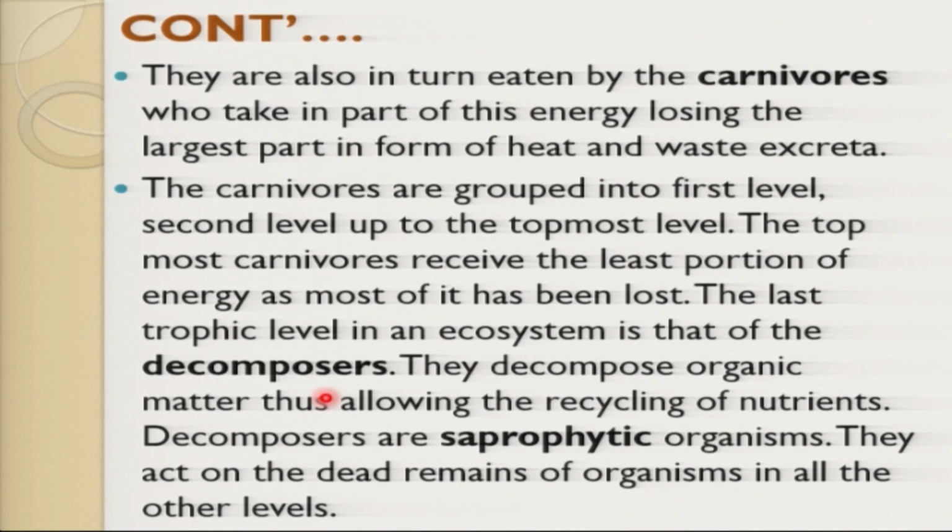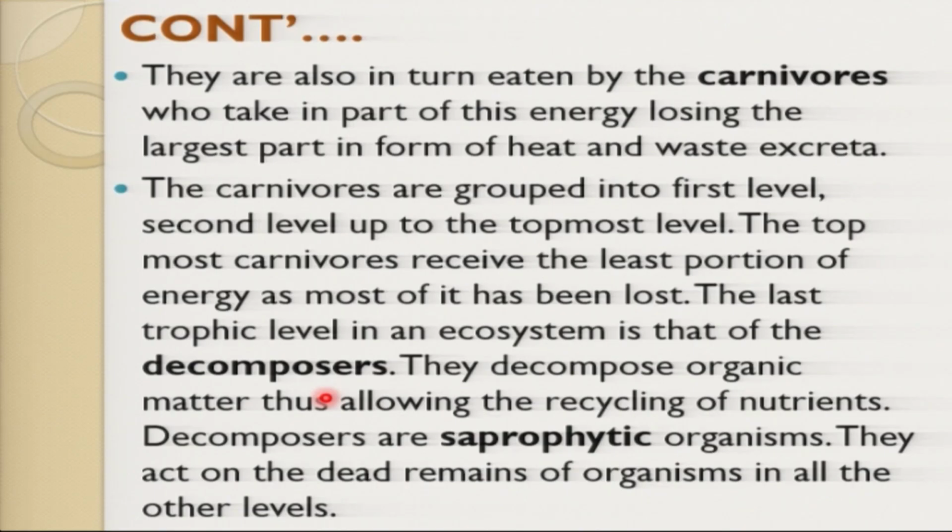The carnivores are going to be eaten by decomposers, and eventually they will decompose. Examples of decomposers are saprophytes, fungi and mushrooms, or saprophytic organisms. They act on dead remains of organisms in all other levels.